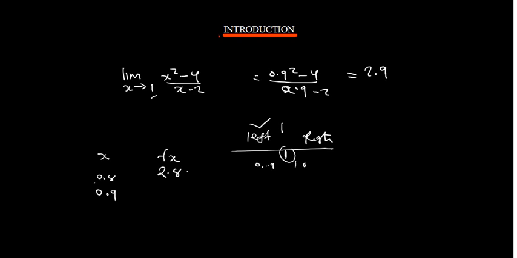We can try a lot of numbers, but these are enough. As you can see, if we round off these two, it will give us something like 3. Have you seen? That is from the left.